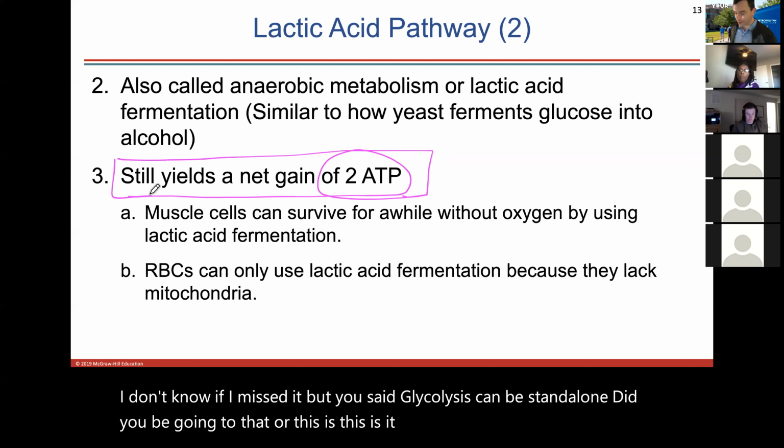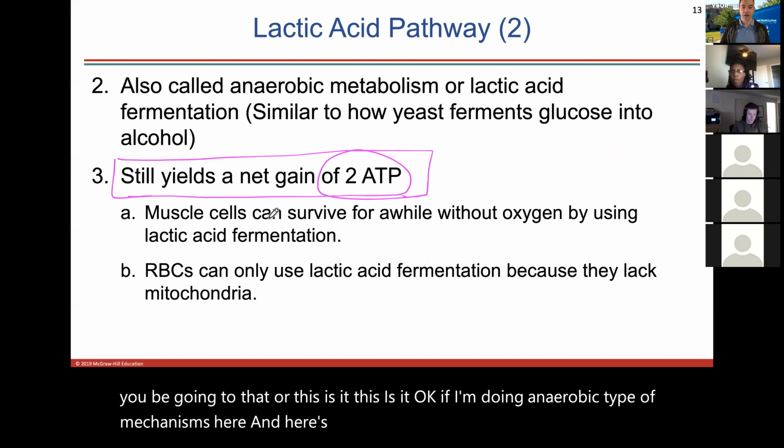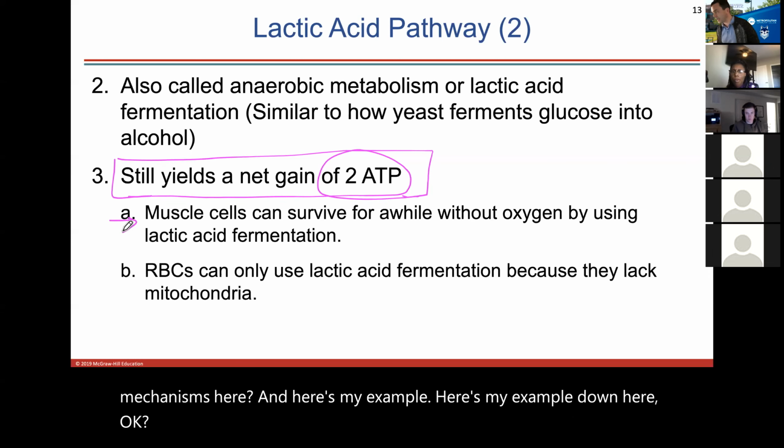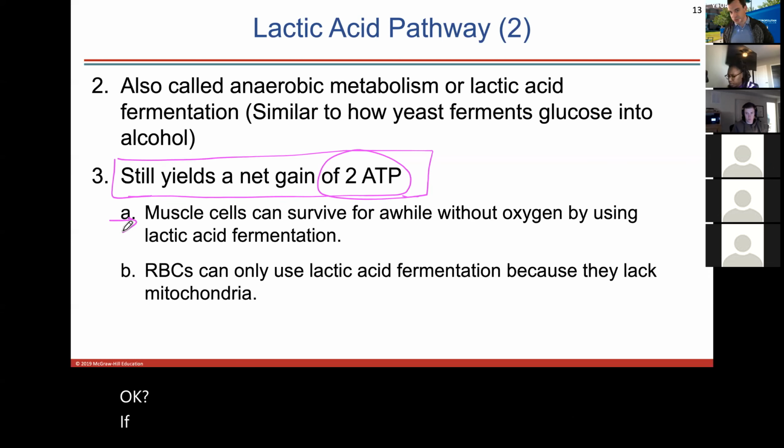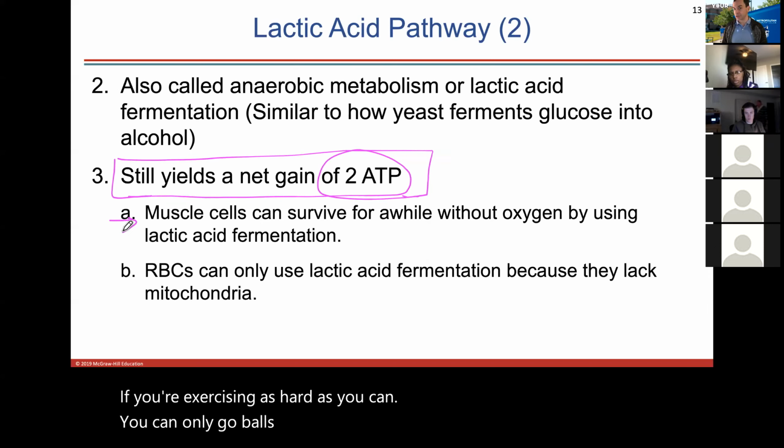If I'm doing an anaerobic type of mechanism, here's my example. If you're exercising as hard as you can, you can only go all out for about a minute or two, depending upon your level of training.